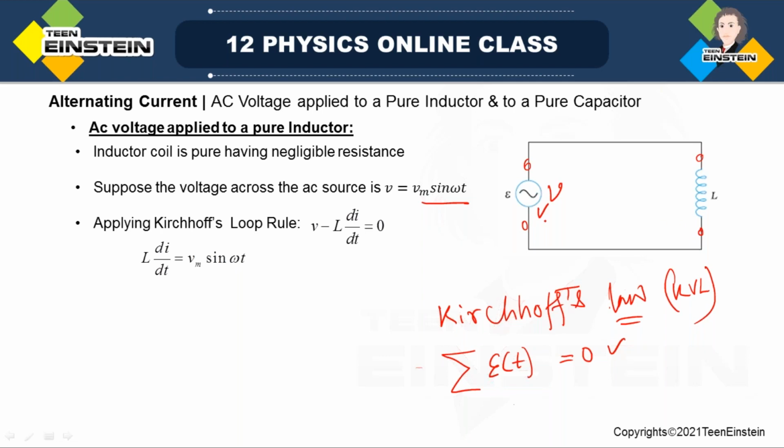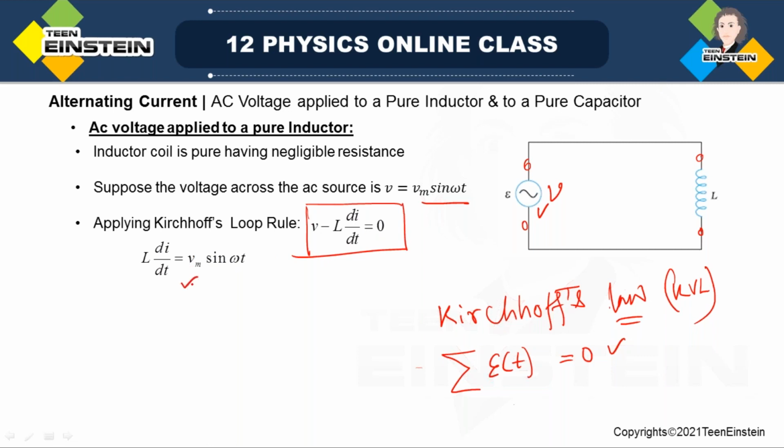Whatever voltage you have across this battery will be applied across this inductor coil. So it is very simple to write Kirchhoff's law. This is the Kirchhoff's law we can write.